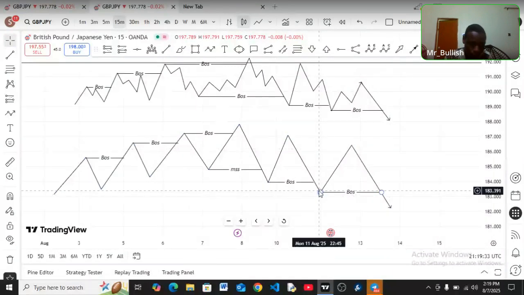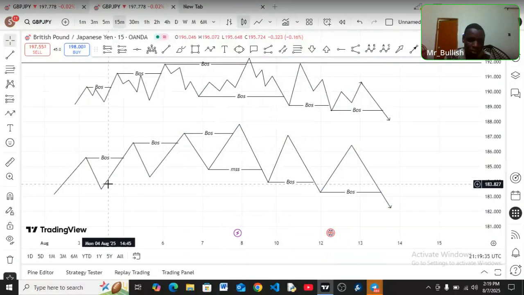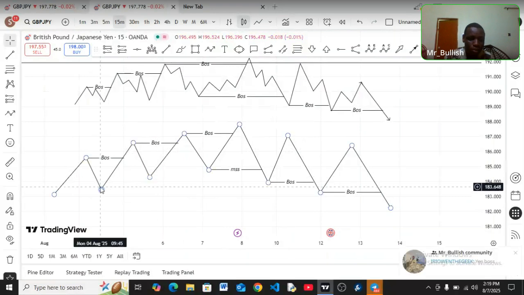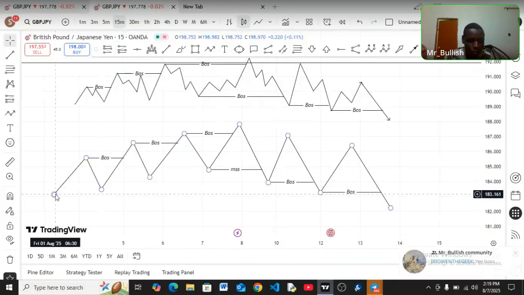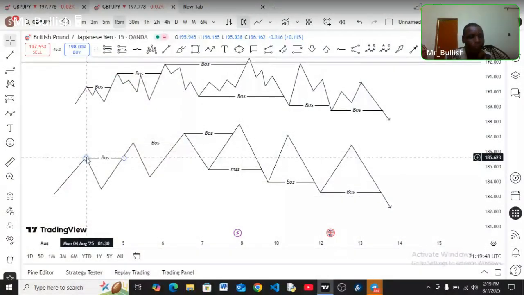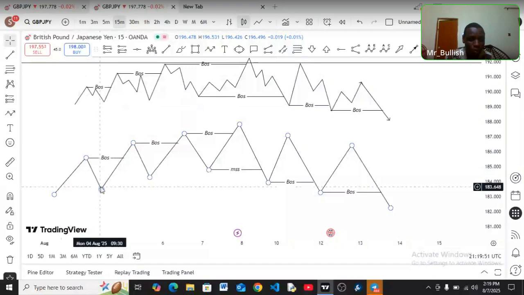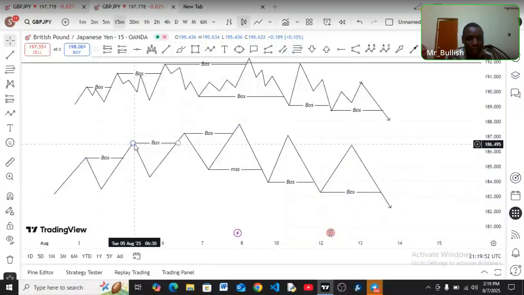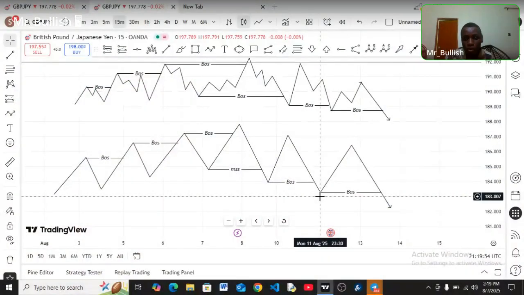The same thing here: this is a weak low and this is the weak high, because this low failed to break below this previous low, and this high broke above this previous high. So it's called a weak low and a strong high. And this is a strong low and a weak high.